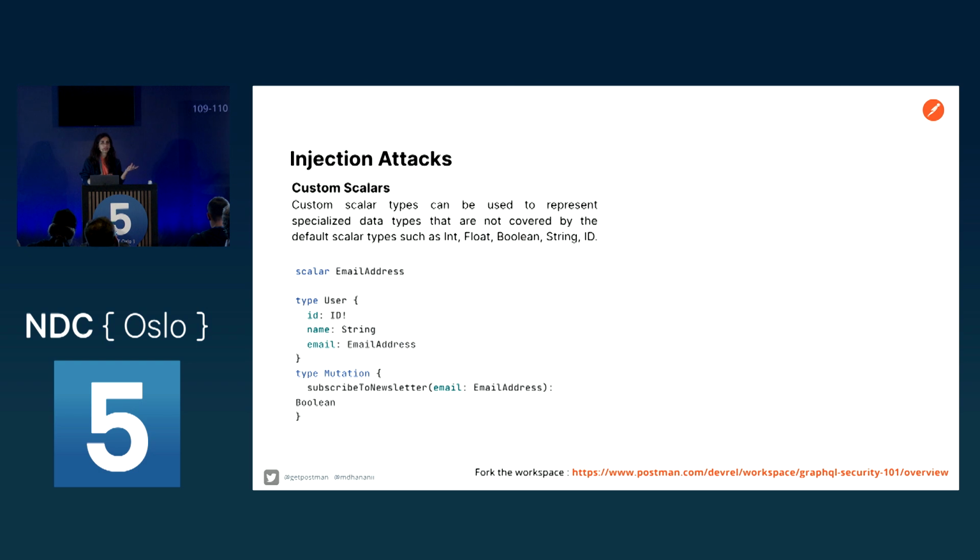Those formats can be represented as custom scalars. In this example, we have a scalar email address, and a mutation that accepts input as the email address.